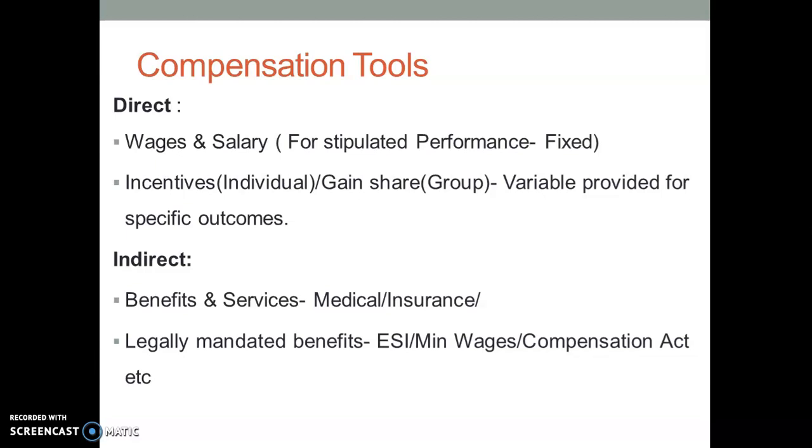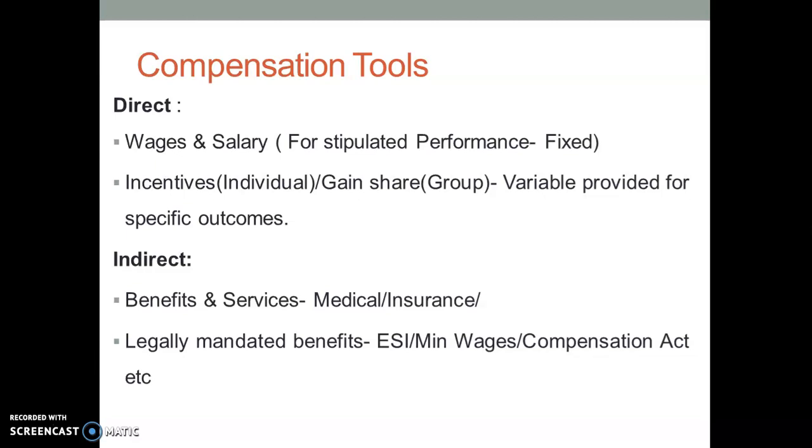Within benefits and services, there are medical benefits and insurance available. These medical and insurance dimensions are additionally provided by organizations, and in that, coverage of a certain amount is given to individuals for health measures related to treatment within specific hospitals or specific places.